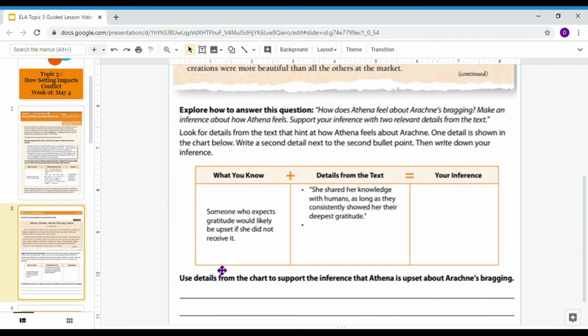So now we're going to look at some details from the text and find out another detail that we're going to add to this. So the first detail says, she shared her knowledge with humans as long as they consistently showed her their deepest gratitude. So how can I tell, what's another detail from the text that I can tell that Athena's upset?